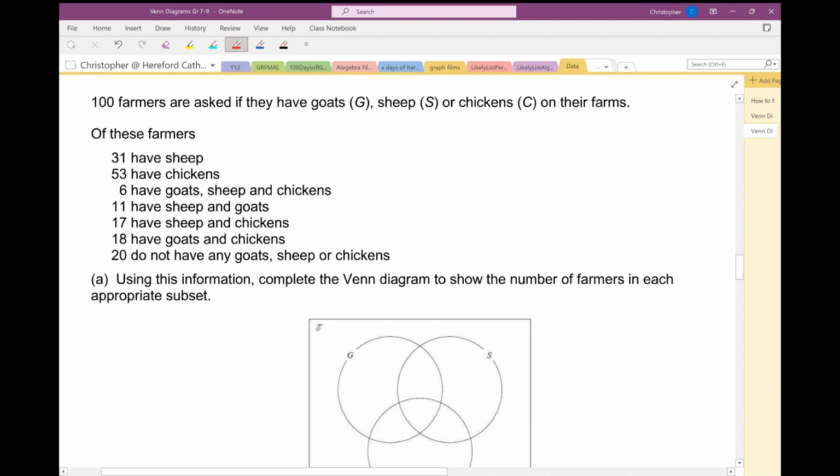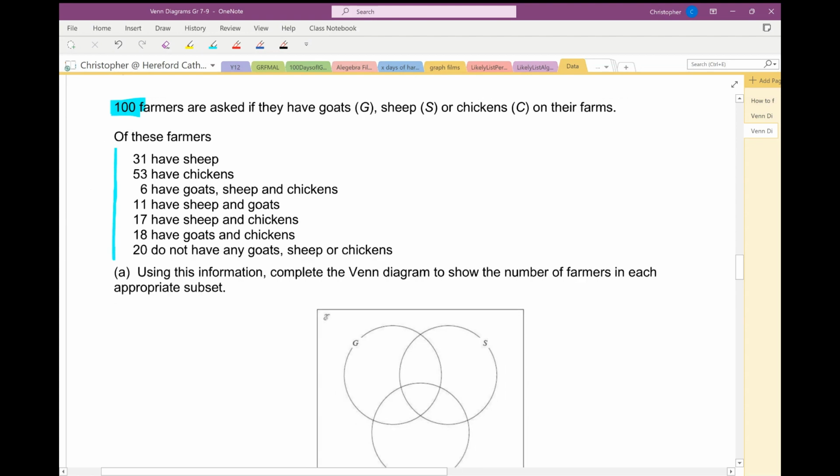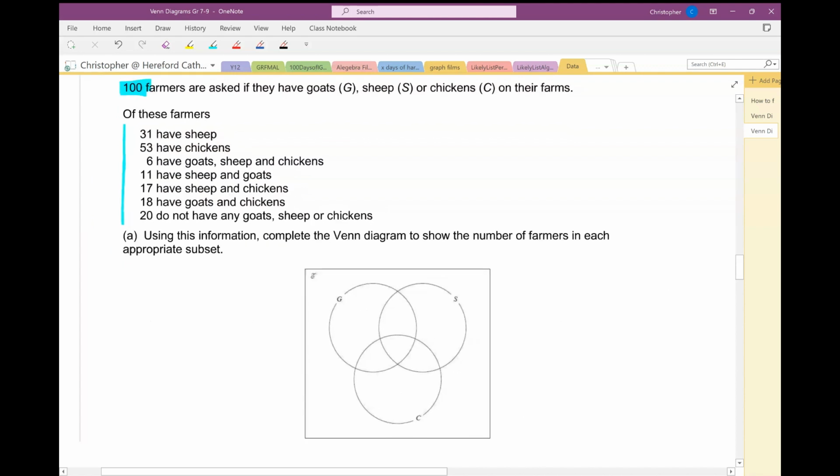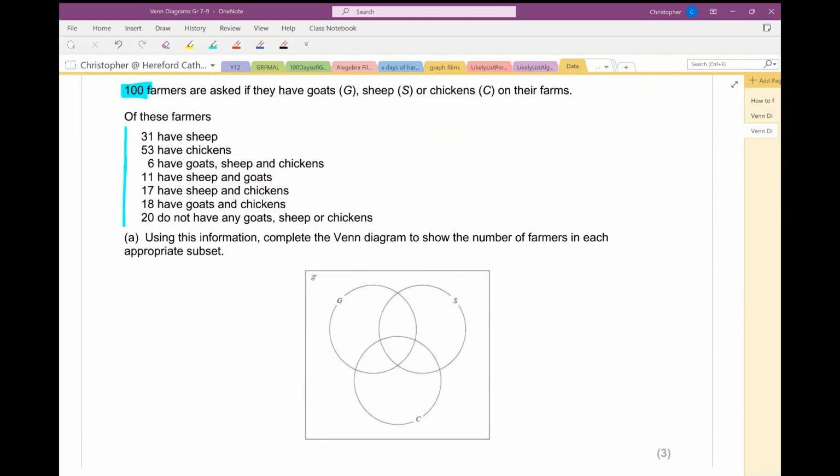Question 3. 100 farmers, don't forget about that piece of information, are asked if they have goats, sheep or chickens on their farms. Of these farmers, and here's a whole load of information. Using this information, complete the Venn diagram to show the number of farmers in each appropriate subset. Okay, right. This first piece of information says 31 have sheep.